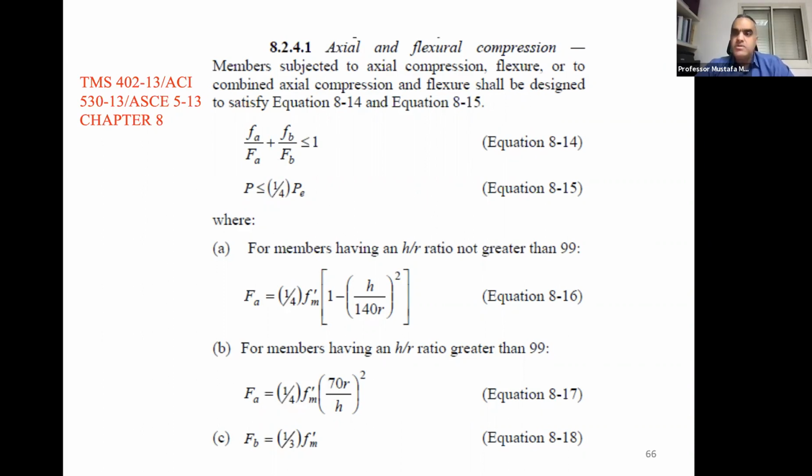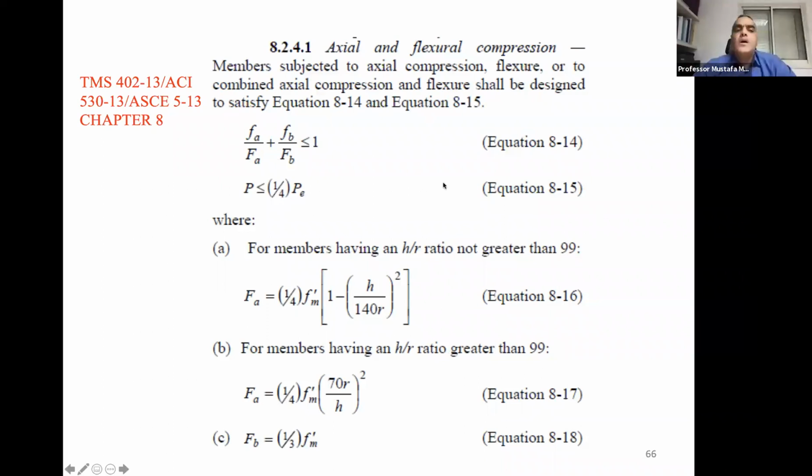Typically, we design walls so that the minimum axial load on the wall would be its self-weight. That's the minimum. And then we have, of course, bending on it, which could be due to wind, or if it's a load-bearing wall, could be from eccentricity, or could be wind load if it's on the outside.